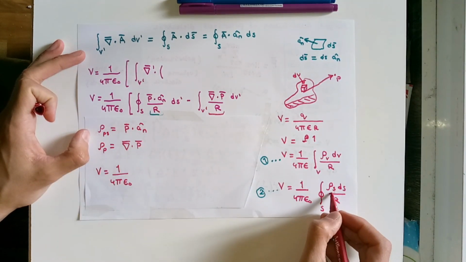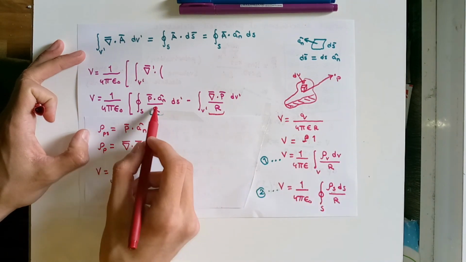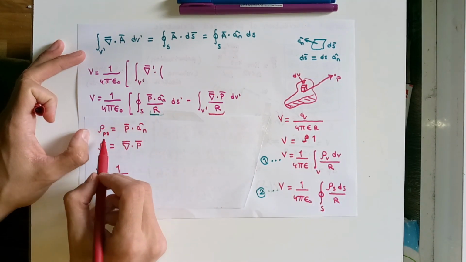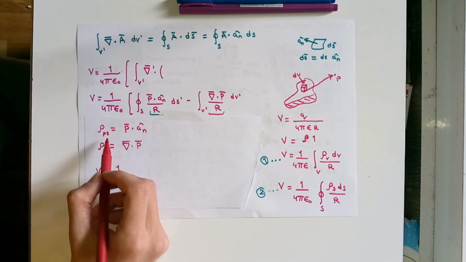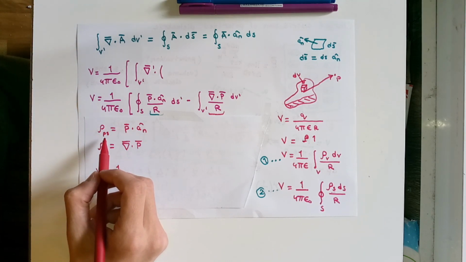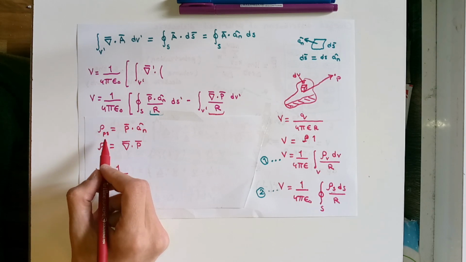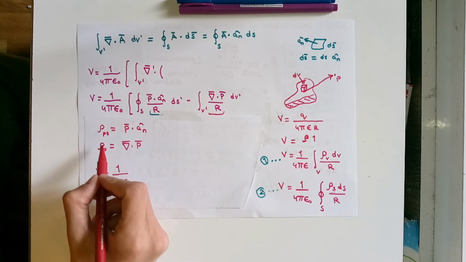Just look, it's equal to it. For the polarization surface charge density I used the double subscripts P and S. P corresponds to the polarization, which constitutes the charge density, and S corresponds to the surface charge density.